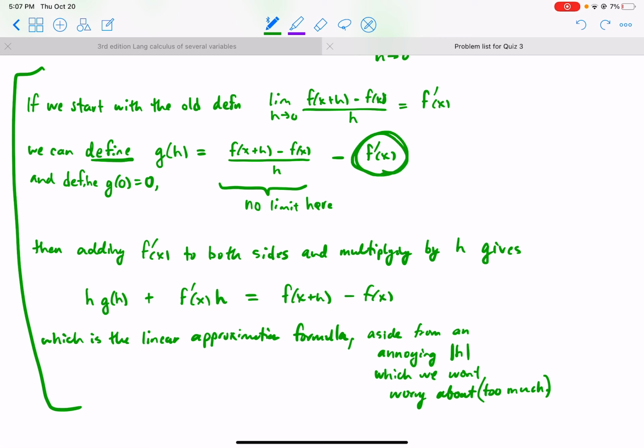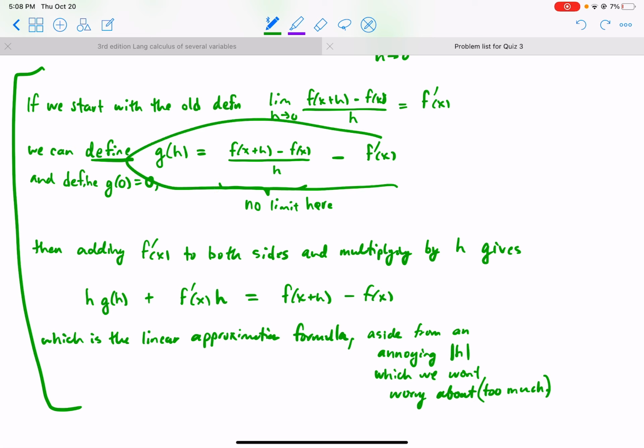There's a limit secretly hidden inside of there. But the point is that for any actual non-zero h, this is slightly different than the derivative. This is an approximation to the derivative. And so the difference is the error. That's our error. And this doesn't make sense when h is 0 because you can't divide by 0. So define g of 0 equals 0.